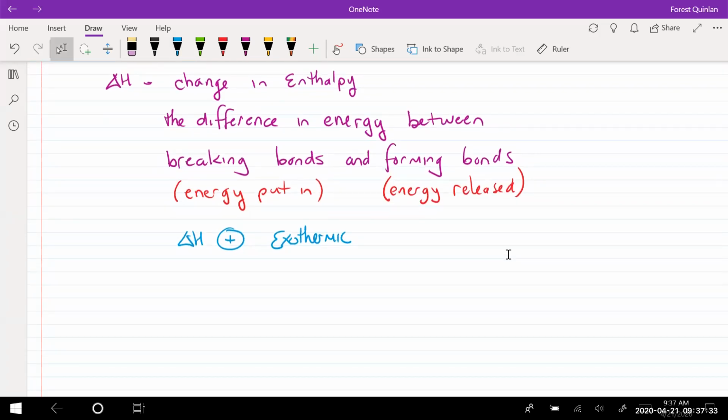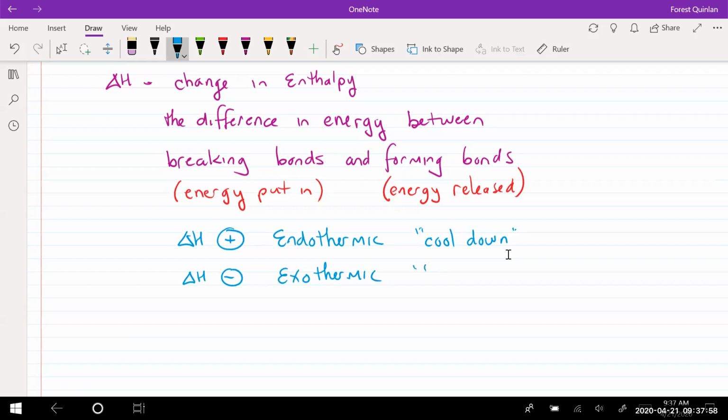Sorry. Glasses, work up close. Put your notes closer. There we go. Delta H positive is endothermic, which means it's going to cool down. If the delta H is negative, it is exothermic, which means it heats up.